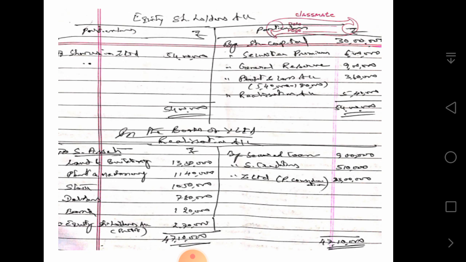Similarly, we shall open the books of Y Limited to close their books of accounts. Realization account. Land and building 30,50,000 given in the problem.